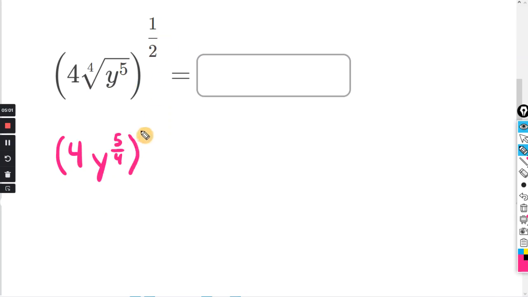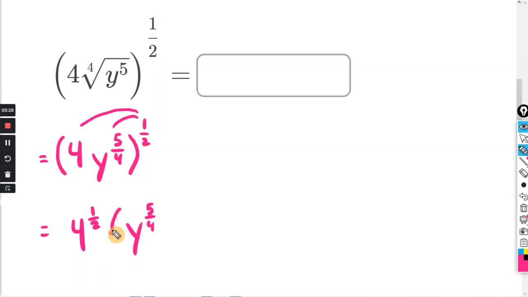Close the parentheses and raise that to the power of 1/2. Now we have two terms inside parentheses, so that 1/2 exponent is applied to both terms. So we have 4 to the power of 1/2, times y to the 5/4 to the power of 1/2.